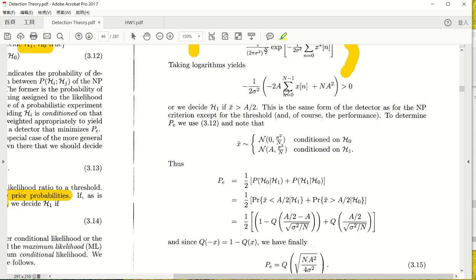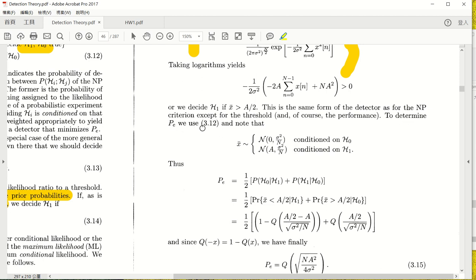So as a result, you simplify it, and you find that we will make a decision for X bar. X bar is the summation of X divided by N, the sample mean. So it's X bar larger than A over 2. This is the same form of the detector as for the NP criteria, except for the threshold.